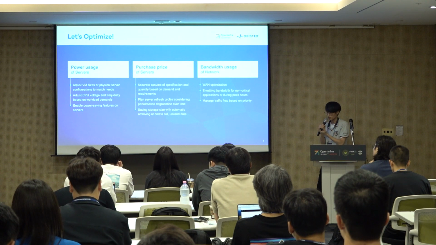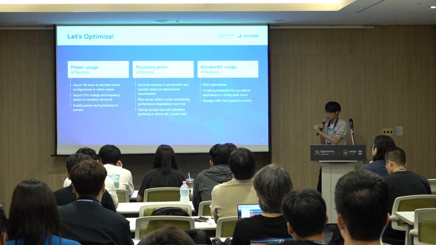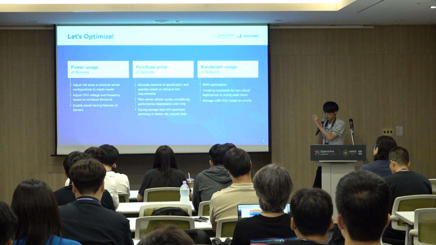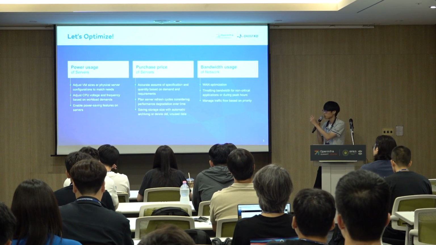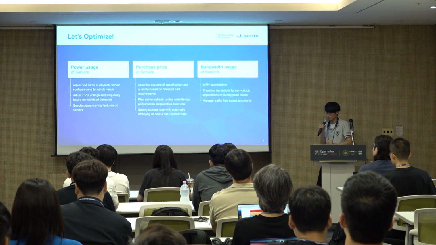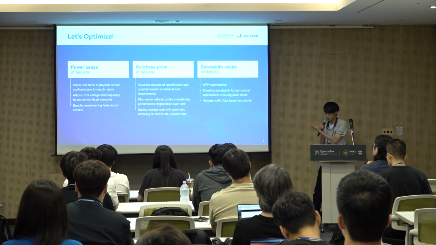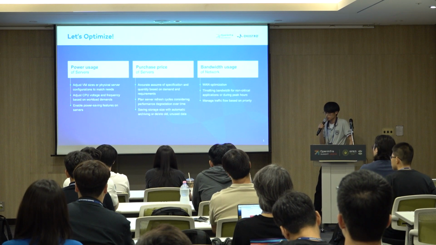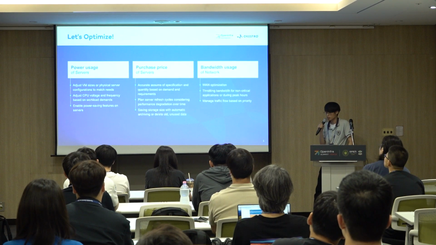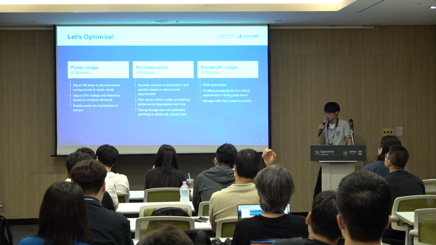To reduce server purchase price, organizations can define the workload characteristics and size as a benchmark, purchase equivalent servers meeting these criteria, and establish an equivalent lifespan with a regular replacement cycle. Network bandwidth usage can be reduced by implementing throttling for non-core applications or during idle time, and allocating bandwidth based on application priority.